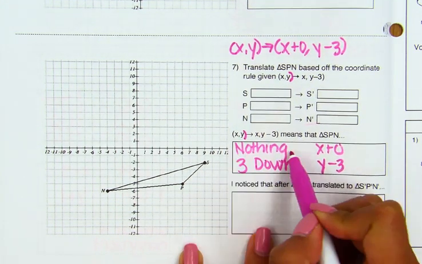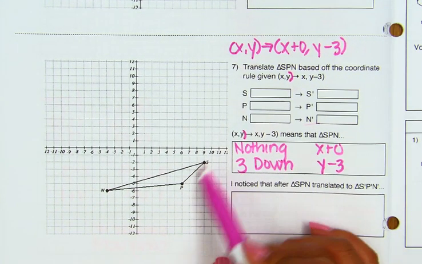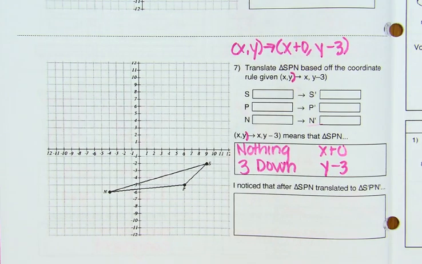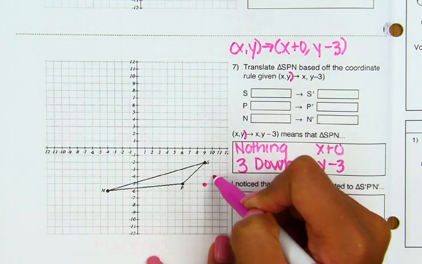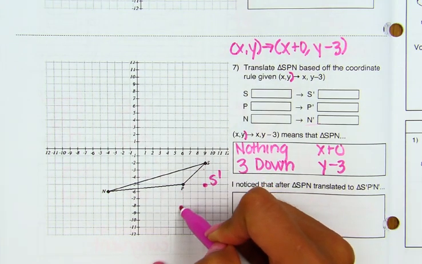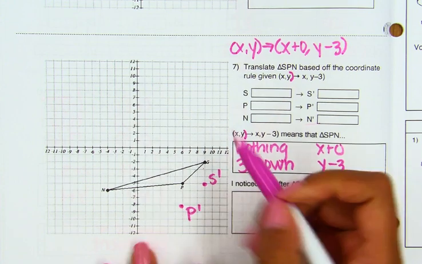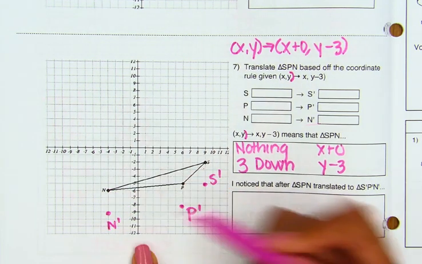So we know nothing's happening with the left and right, but we know the, in this case, triangle is going to move 3 down. So what I do is start with S, move 3 down, and call it S prime. Start with P, move 3 down, call it P prime. Start with N, move 3 down, and call it N prime.